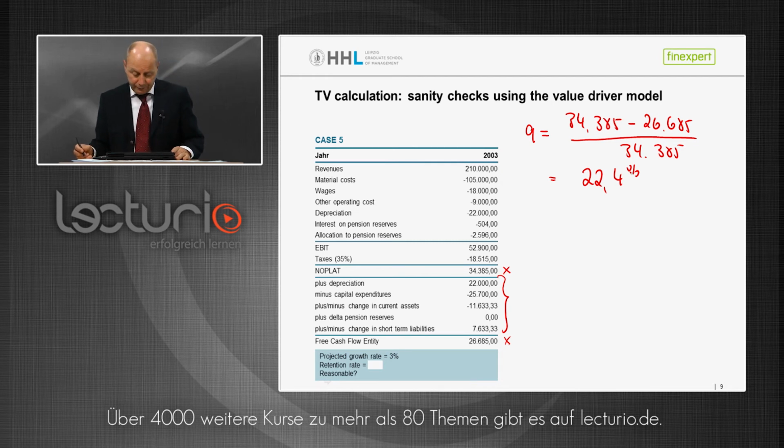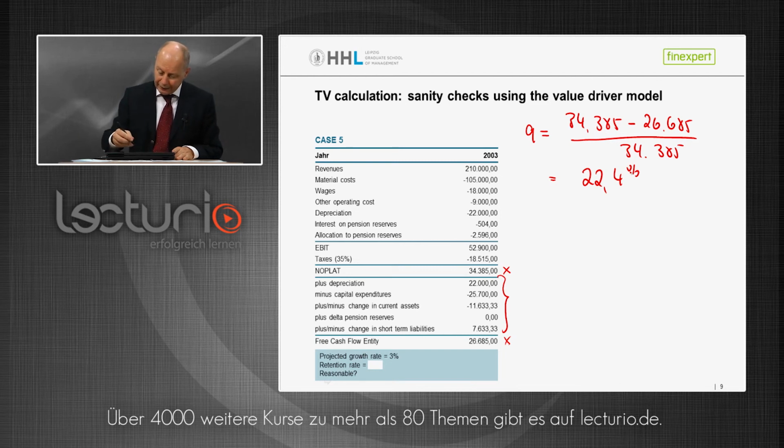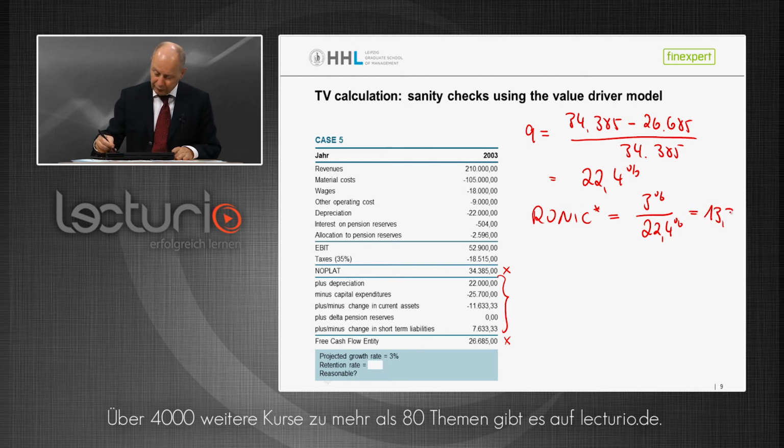In order to create a growth rate of 3%, and now combining this with our growth rate to get our implied RONIC, then we have a 3% growth rate divided by 22% retention. That yields an implied rate of return of 13.4%.